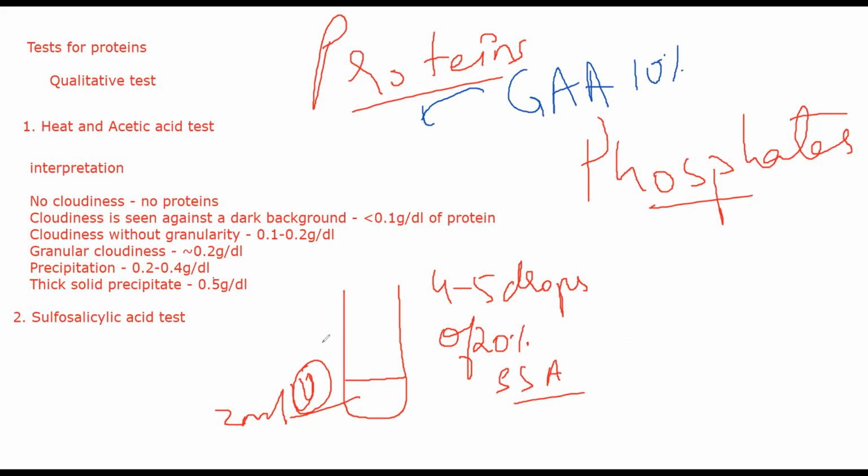Now, coming to the causes of why protein can be seen. Depending on different problems, you will see heavy proteinuria, moderate proteinuria, or mild proteinuria. First of all, how will you interpret the amount of protein being seen in urine, and what does that indicate? Normally very little protein should be present in your urine.